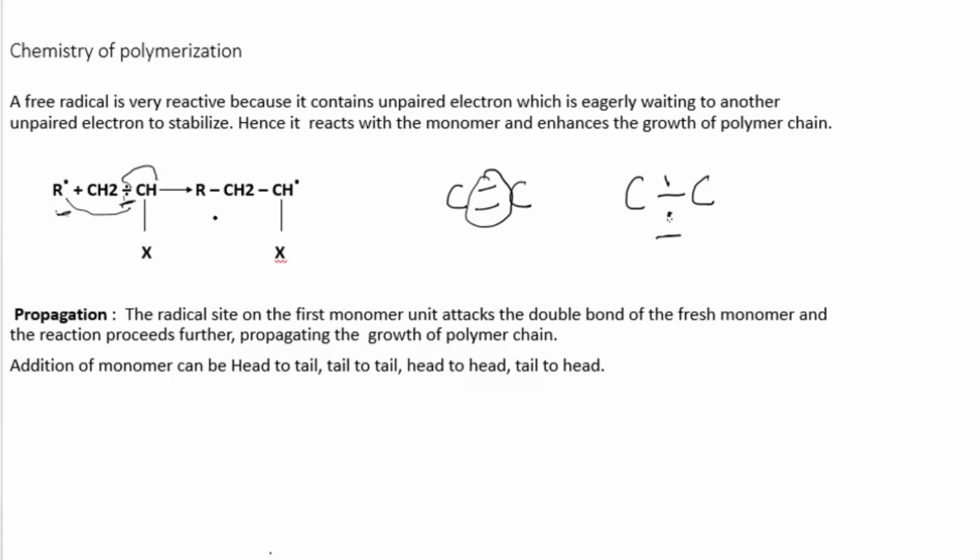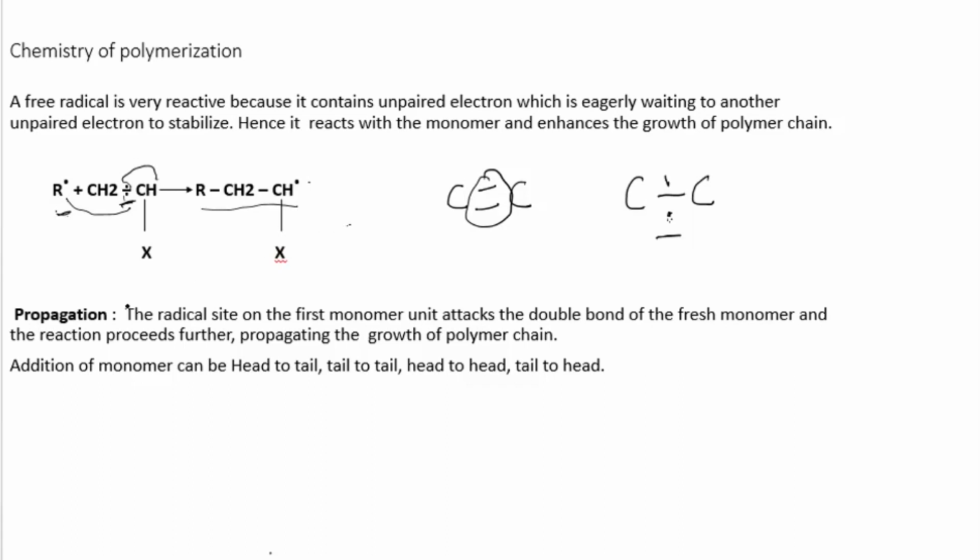Thereby it forms R single bond CH2 single bond CH dot X. The radical site is formed at the first monomer unit. Thereby initiation starts. This is the process happening in the initiation step.